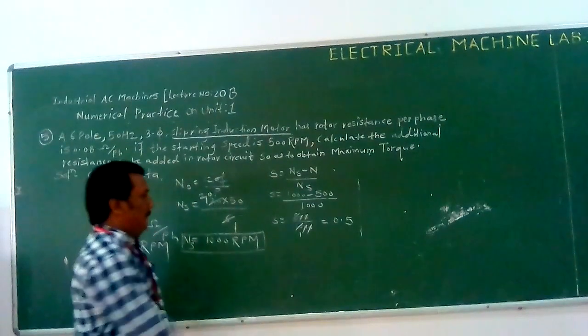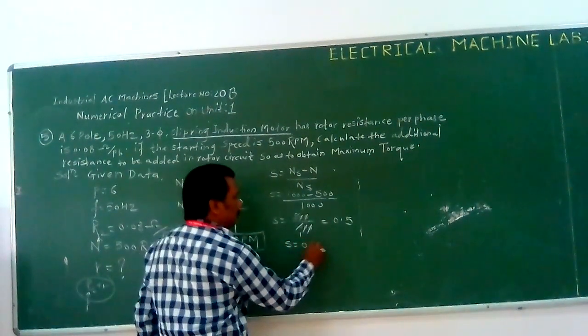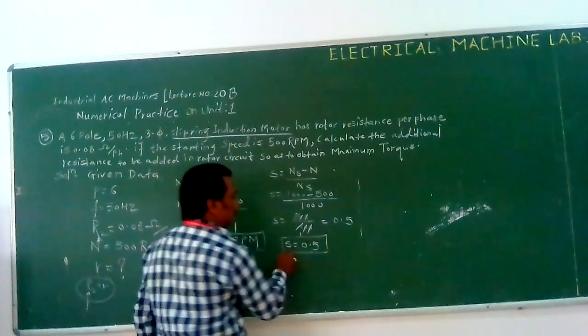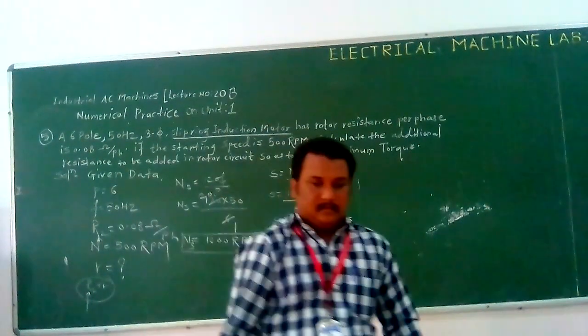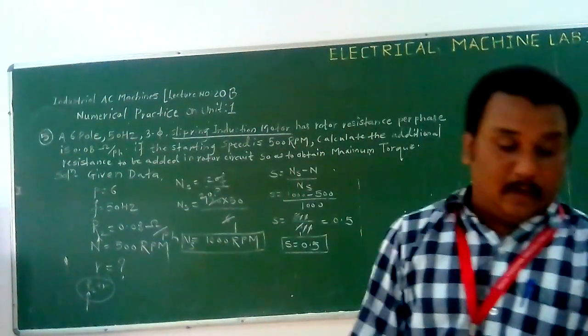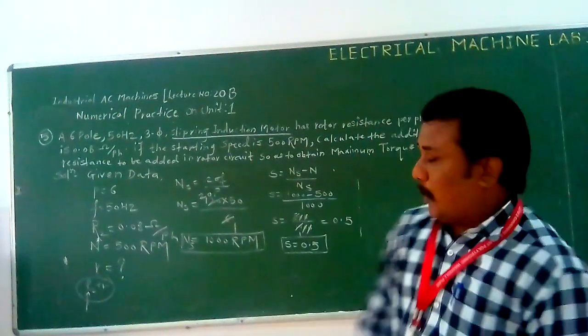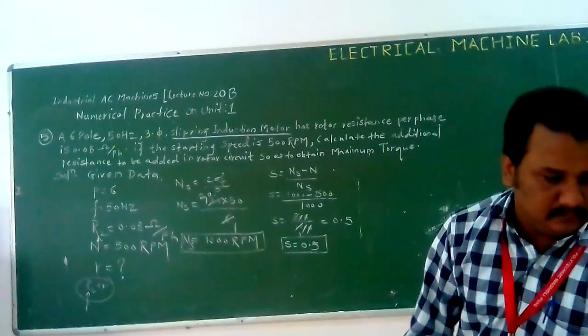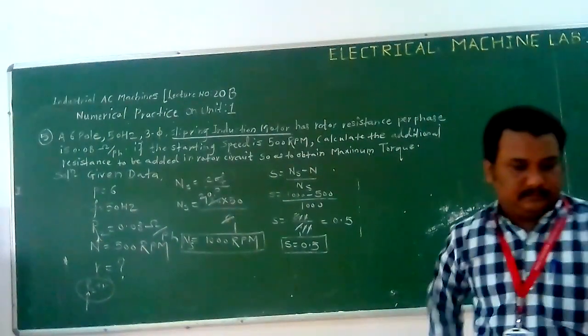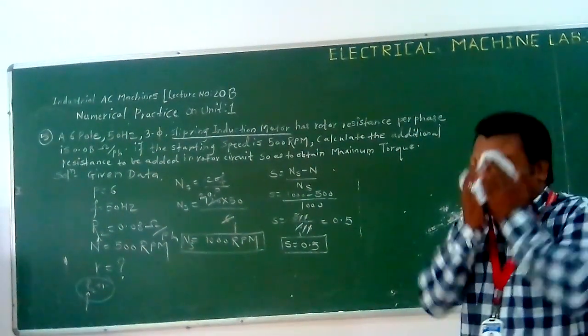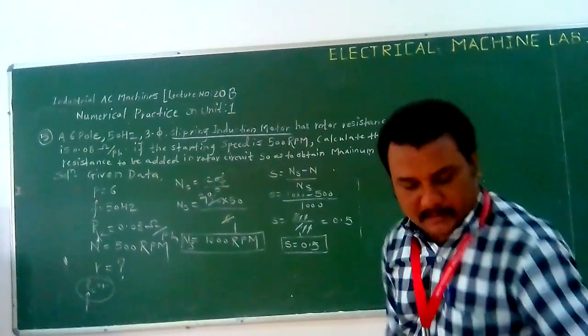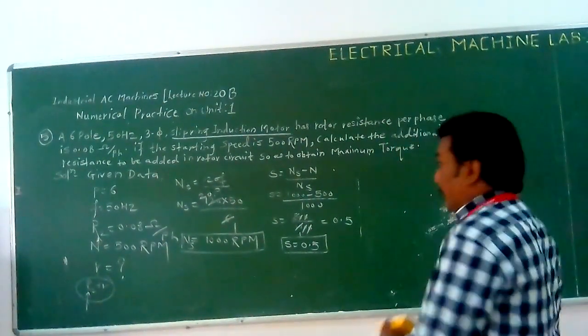So 0.5 is the slip value. It is the value of slip at the starting instant. It is the value of the starting slip.